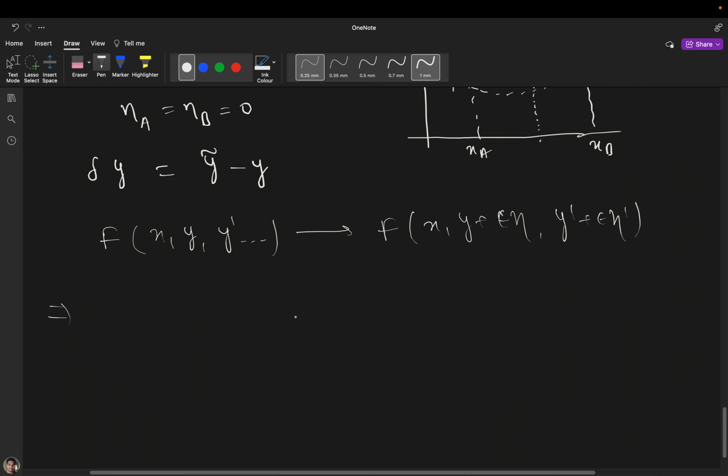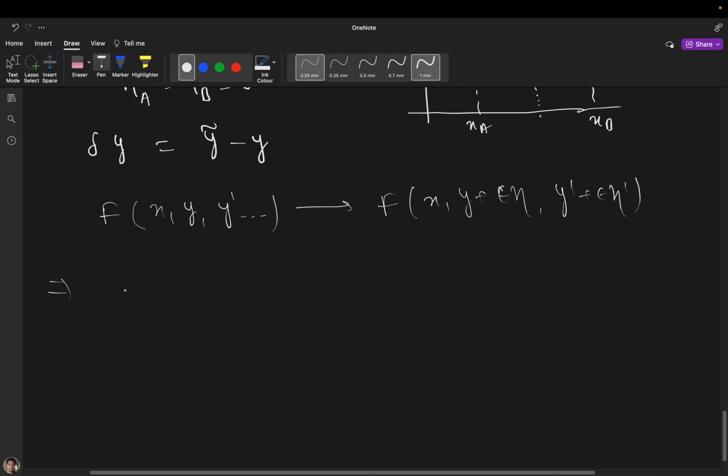And if we change this, then from the Taylor series expansion we know that I can write f of x, now I can write y tilde and y tilde dash.